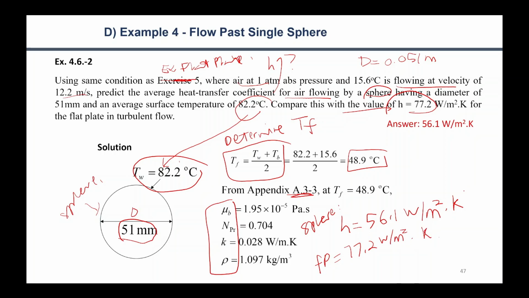To do the comparison, you just say which one is smaller and which is larger. Here we can see that the one flowing over the flat plate is much smaller than the one flowing over the sphere. That's all.